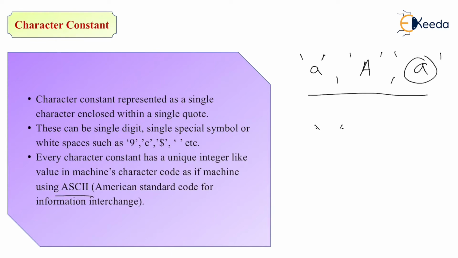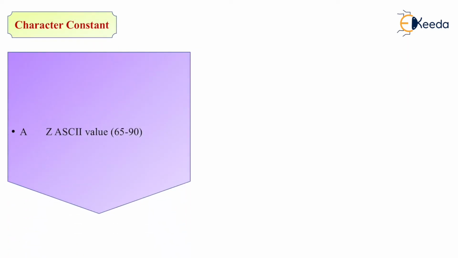And through that value, the compiler can understand what type of character you are storing. Like you can store A to Z, capital A to Z. The ASCII value for capital A to Z is 65 to 90.